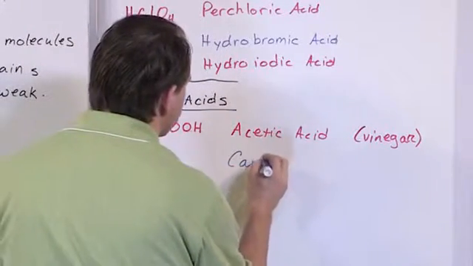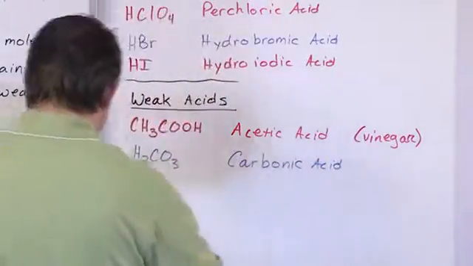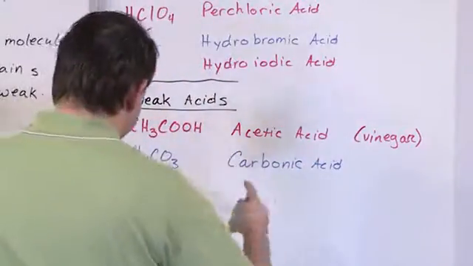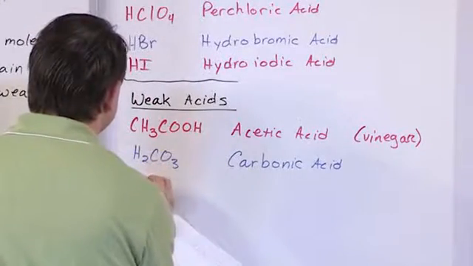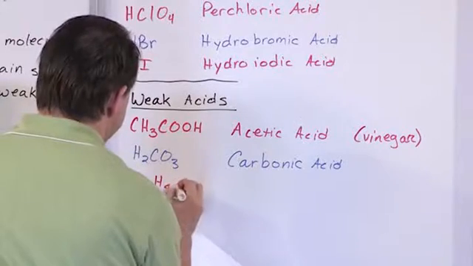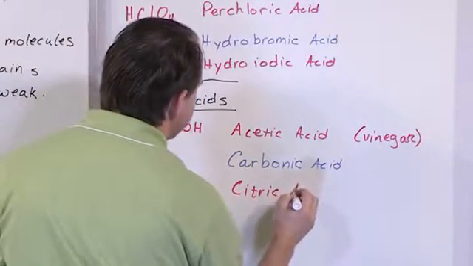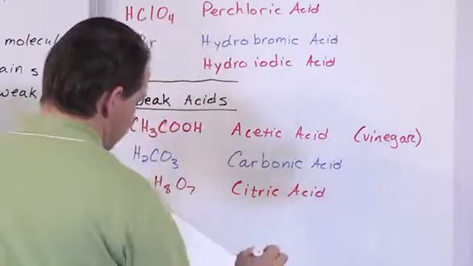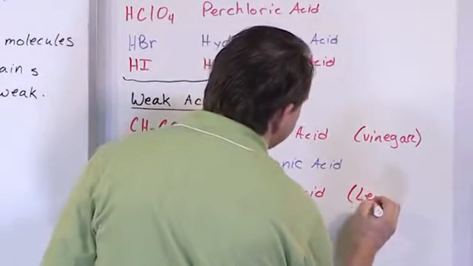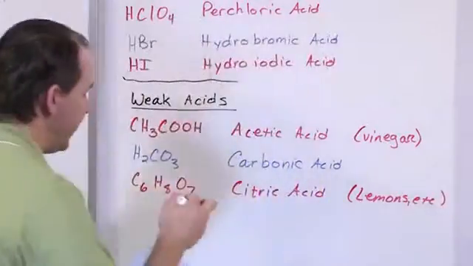Carbonic acid. And then finally, the only other one I'll probably list is citric acid, which is C6H8O7, citric acid. Okay? And I'll just put in parentheses lemons.